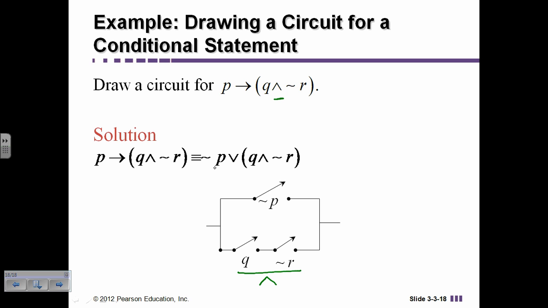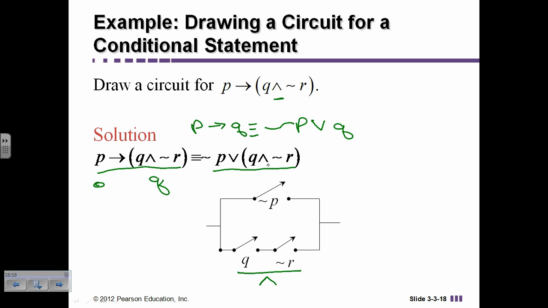Remember what we talked about is not P, or the negation of P, or Q. So remember what we talked about: P implies Q is equivalent to not P or Q. So what we've done is we've converted this part of the problem into not P or Q. This is our P portion. This whole thing would be the Q portion.